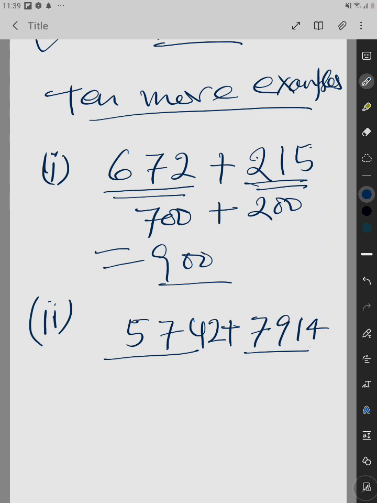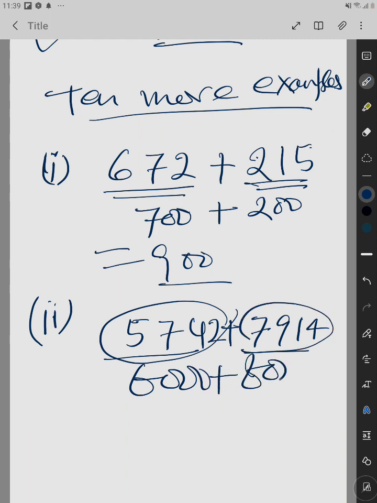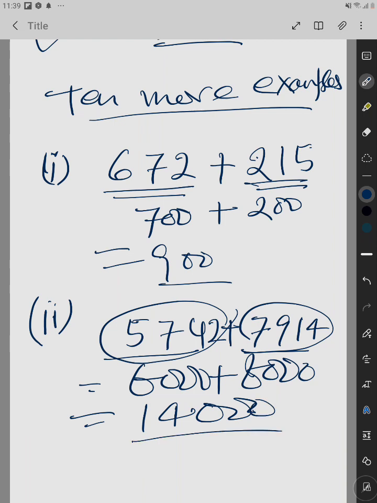Because both have thousands, so we'll take 1000. The nearest thousand of this number will be 6000 and of this number will be 8000. So it will become 8 plus 6, 14,000. So this will be the answer here.